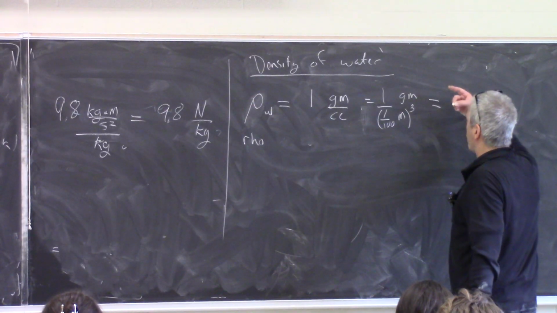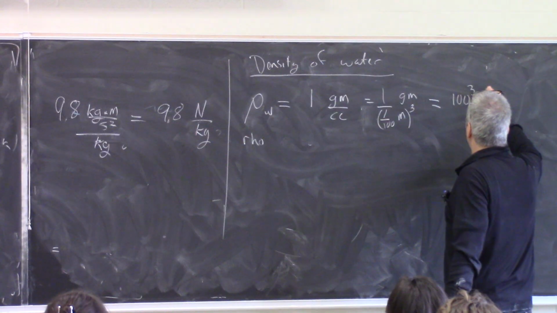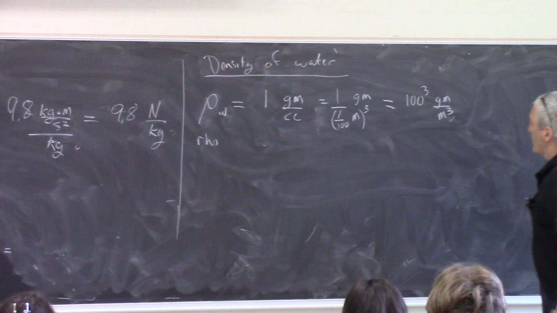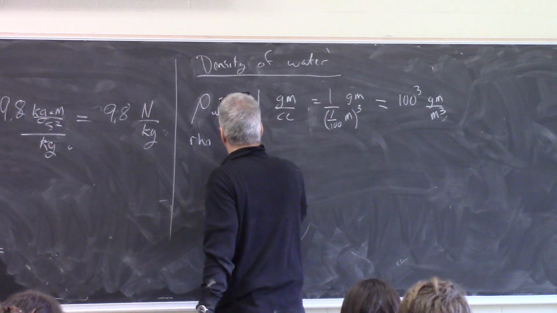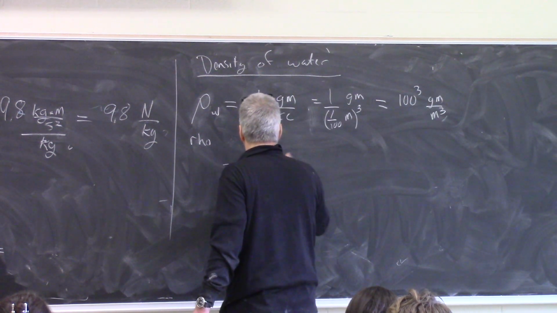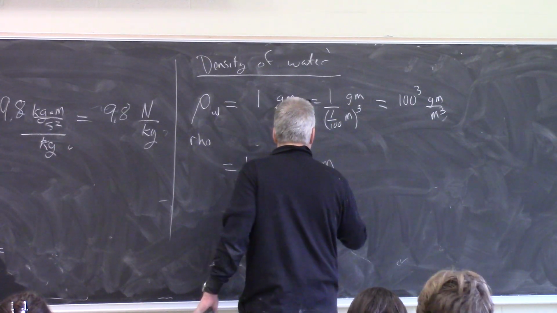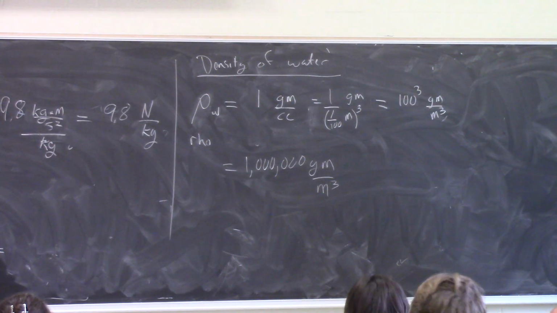I can flip this over and multiply, so I have 100 cubed, and then I have grams per meter cubed. Now 100 cubed, that's 10 to the 6th. One million grams per cubic meter.